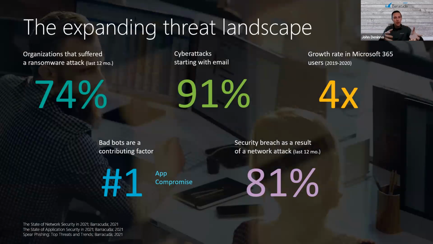So for every threat patched or every threat that's blocked, there seems to be more that pop up in its place. And this is because attackers are more sophisticated now, and they're growing in numbers and effectiveness every day, not to mention the shortage of cybersecurity talent out there. So over the last 12 months, 74% of organizations suffered a ransomware attack at least once.